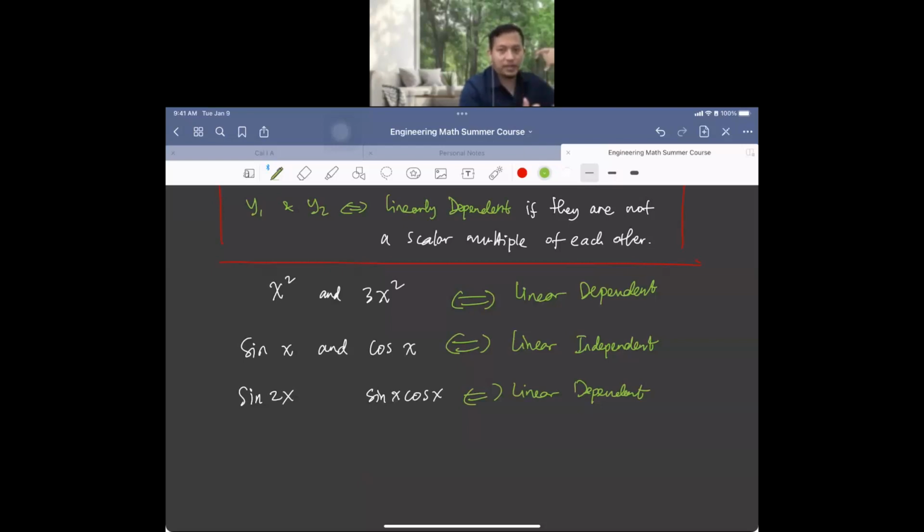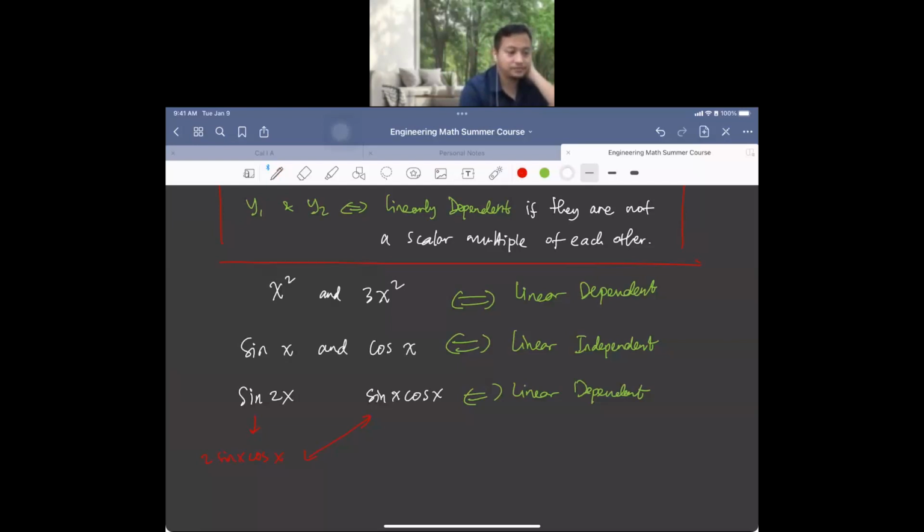I just need to make you think, because sine 2x is 2 sine x cos x, which is twice the other function, so they differ by a constant, a scalar.